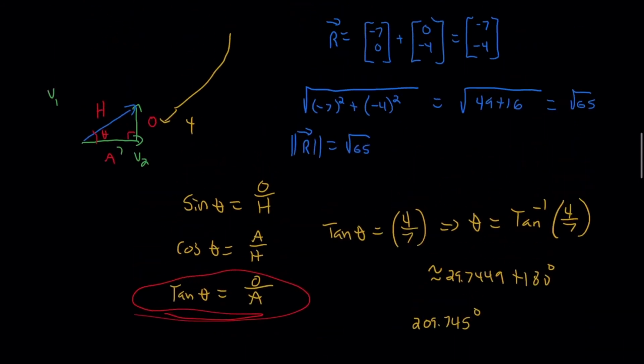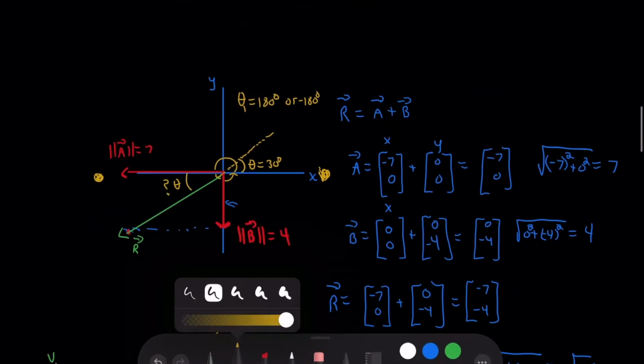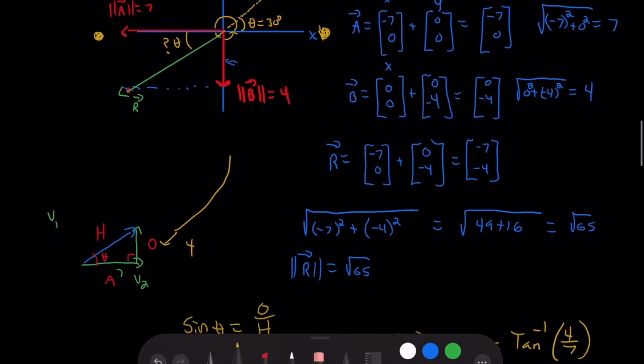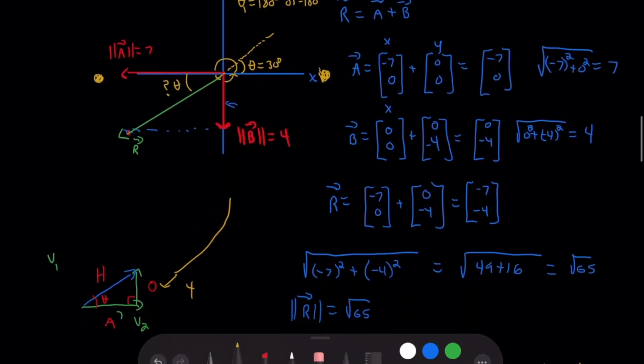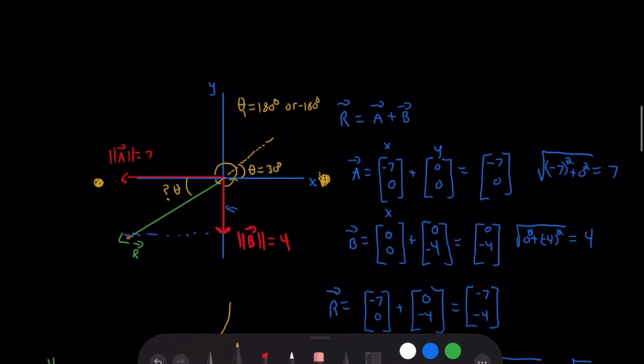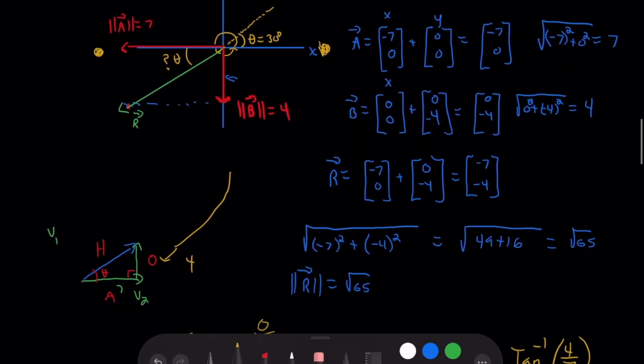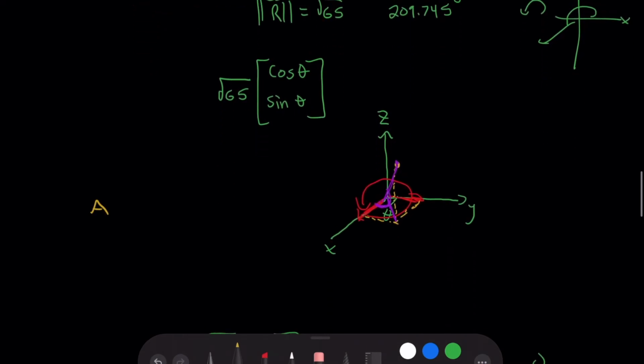And so I just want to reiterate that I know that if we were to take R and break it back down into its x and y components, like if we're just going to look at A, was pointing out this way. You had A going out that way, -7.